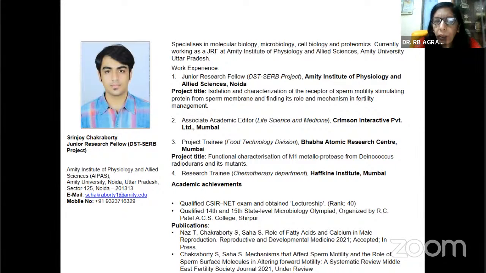fertility management. Associate Academic Editor, Life Science and Medicine, at Crimson Interactive Private Limited, Mumbai. Project trainee in Food Technology Division, Bhabha Atomic Research Center, Mumbai. Project title: the functional characterization of M1 metalloprotease from Deinococcus radiodurans and its mutants.